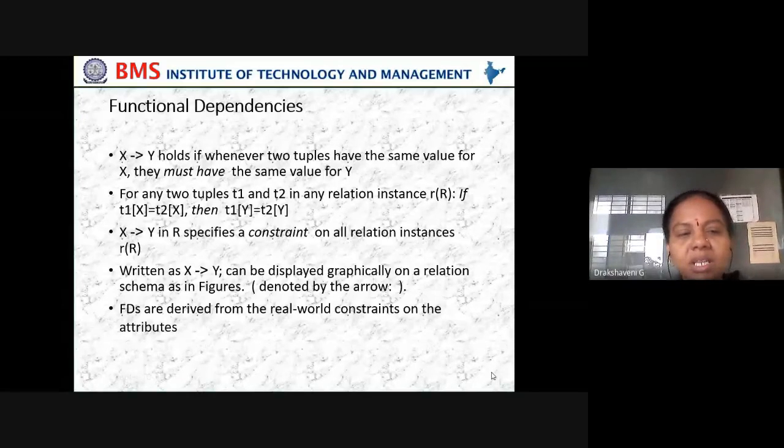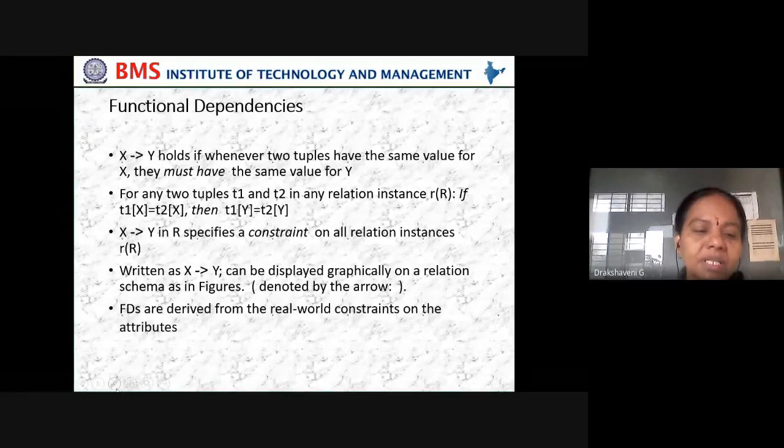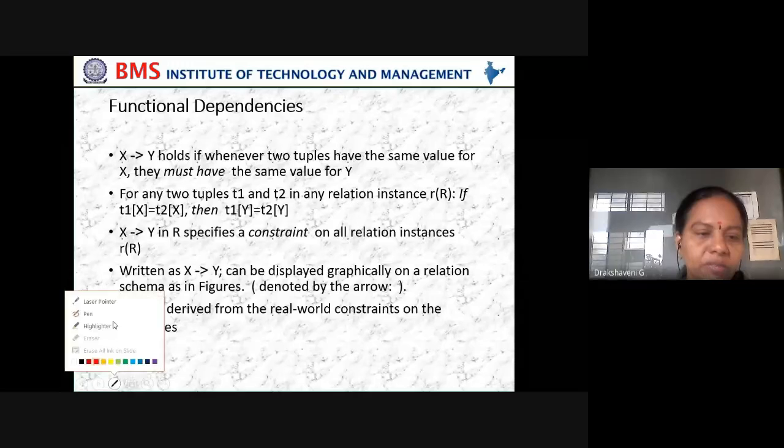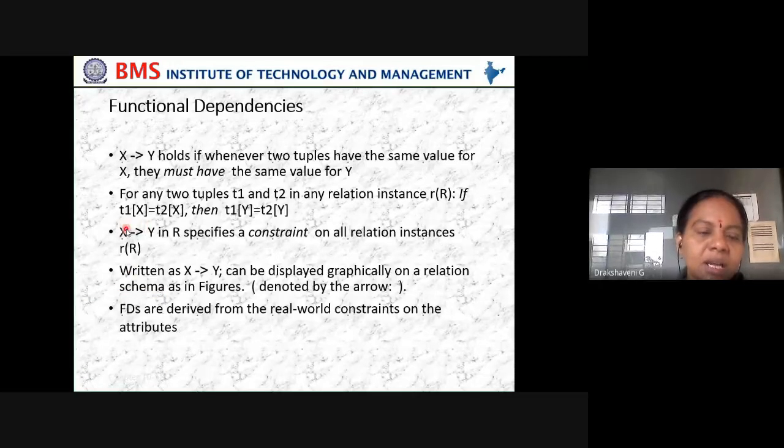How do we represent that? Here X functionally determines Y in R. It specifies a constraint on all relation instances r of R, written as X is functionally dependent on Y, and can be displayed graphically on a relation schema as in the figure.